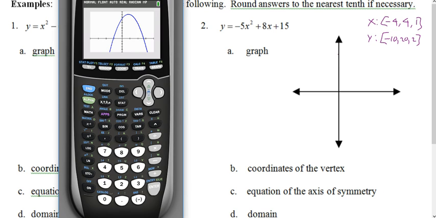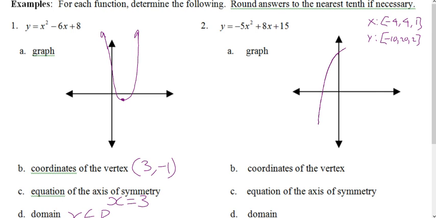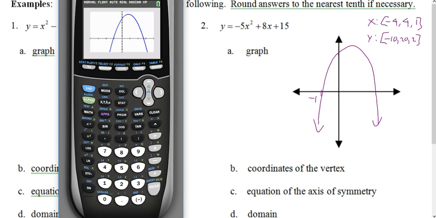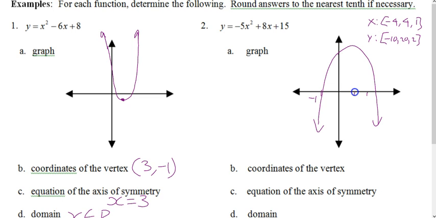It looks like -1, but I can't be 100% sure. And that looks like what? 1, 2, somewhere between 2 and 3. 1, 2, 3. That's a 15.